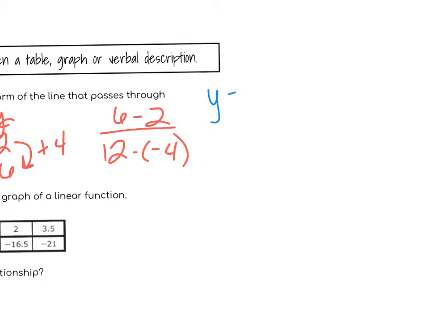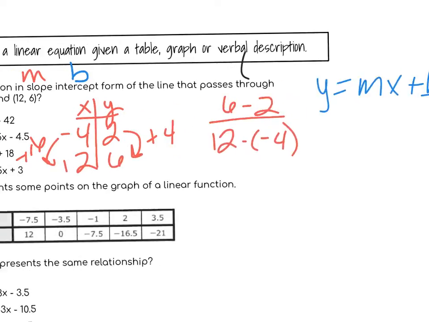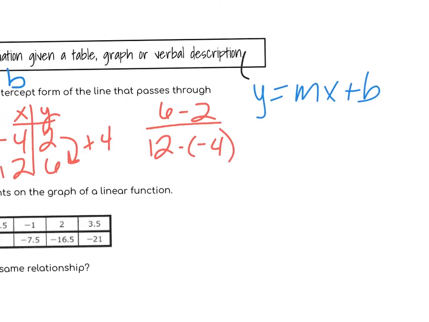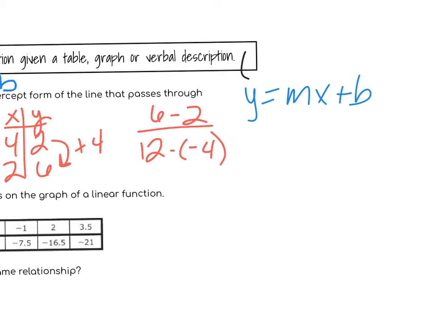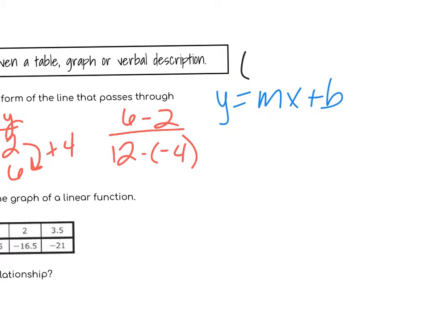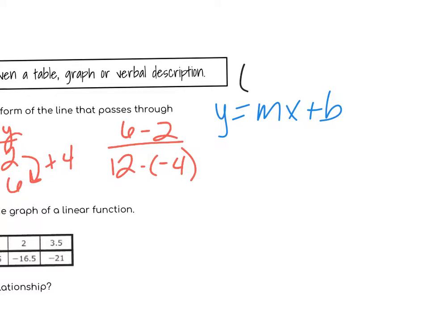So I'm going to use this formula. I'm going to use my point. Let's see. Hang on. What point do I want to use? I'm going to use 12, 6 because both those numbers are positive. So I try to use positive if I can. So 12, 6 is my point. And I already know my slope is 1/4 or 0.25, whichever you want to use.